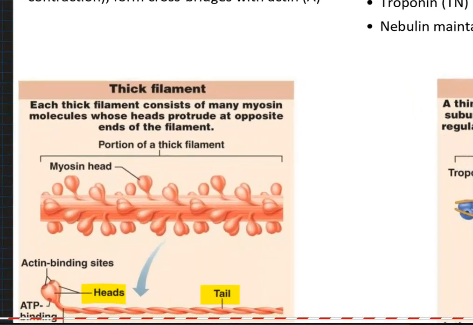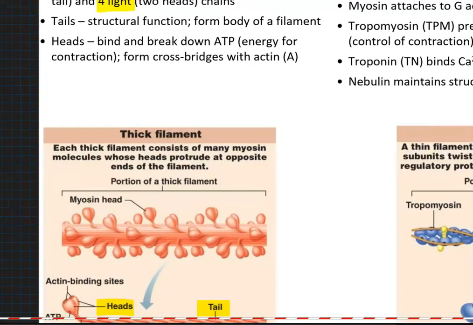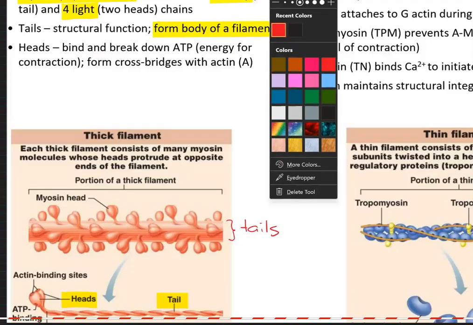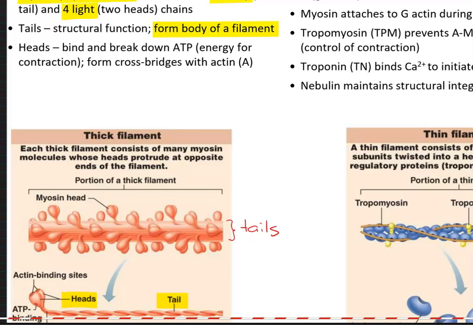As you can see, the tails themselves form the body of a filament, this rod-shaped structure. Now the heads are sticking out, as you can see on this picture.